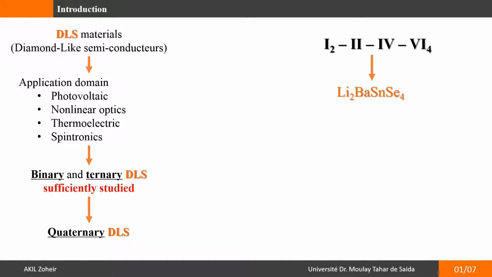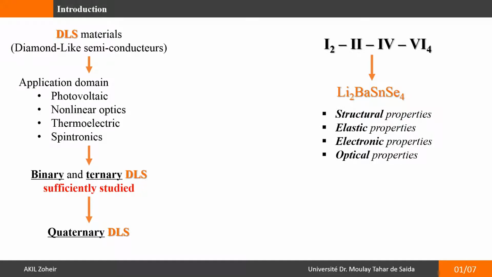The interesting physical properties and possible technological applications motivated us to contribute to the study of some unexplored physico-chemical properties of our compound, such as structural, elastic, electronic, and optical properties, using the full potential linearized augmented plane wave method within the framework of density functional theory. We treat the exchange correlation energy by the GGA-WC approximation and by TB-mBJ to correct the fundamental gap.